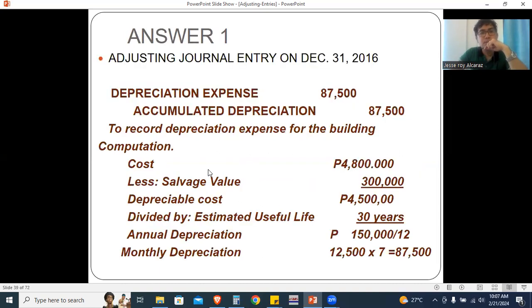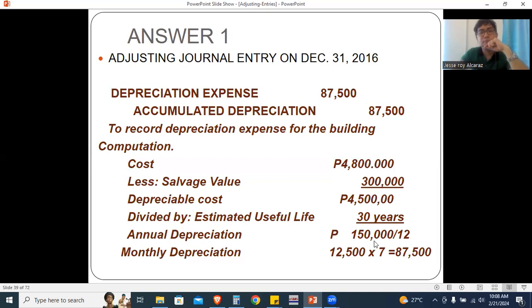So cost 4.8 less salvage value, we have 4.5 million. That's our depreciable cost. Divided by the useful life, that's 150 annual depreciation. That's for 1 year, 150,000. But we will only be depreciating the asset for 7 months, June 1 until December 31.